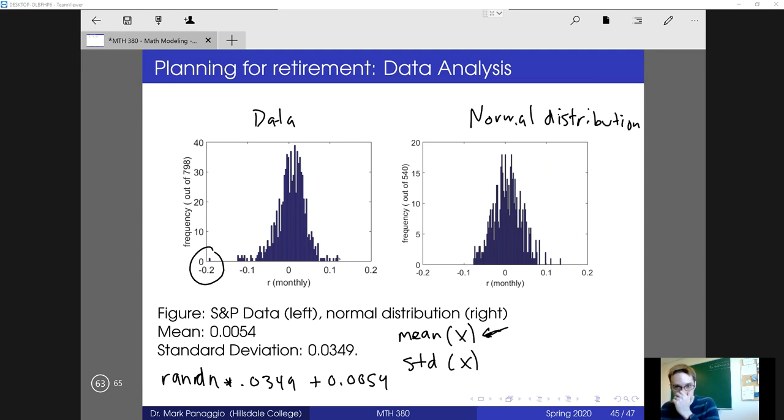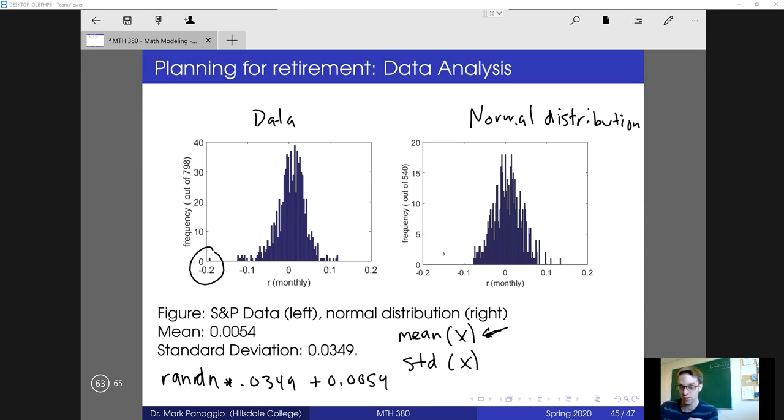On the right is data drawn using a command like randn times this decimal plus this other one. You'll see that, yes, the center looks like it's in the right spot, and it does have roughly the correct shape, but the probability of getting really, really high or really, really low returns doesn't necessarily match up here. So although a normal distribution wouldn't be a terrible model, you're probably going to underestimate the risk of having something really, really bad happen if you use this model.